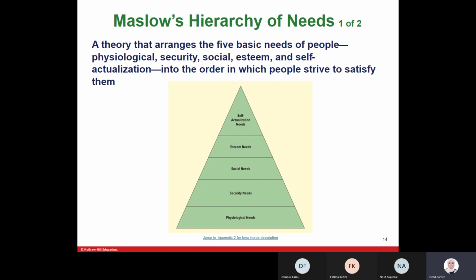I need food. I need to eat. I need to drink. These are the physiological needs that all human beings share and want to satisfy. That's why he put it at the end, at the bottom of the hierarchy.